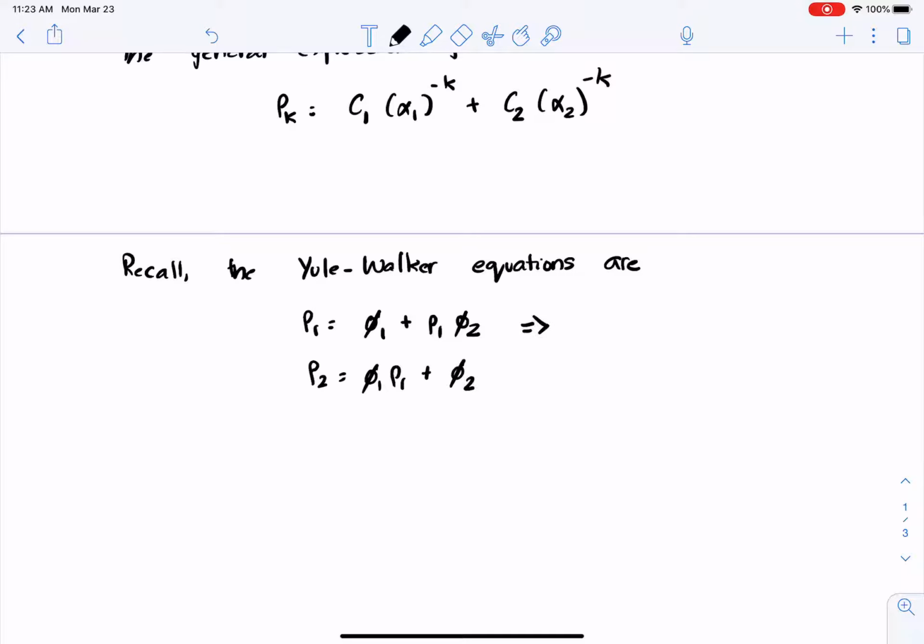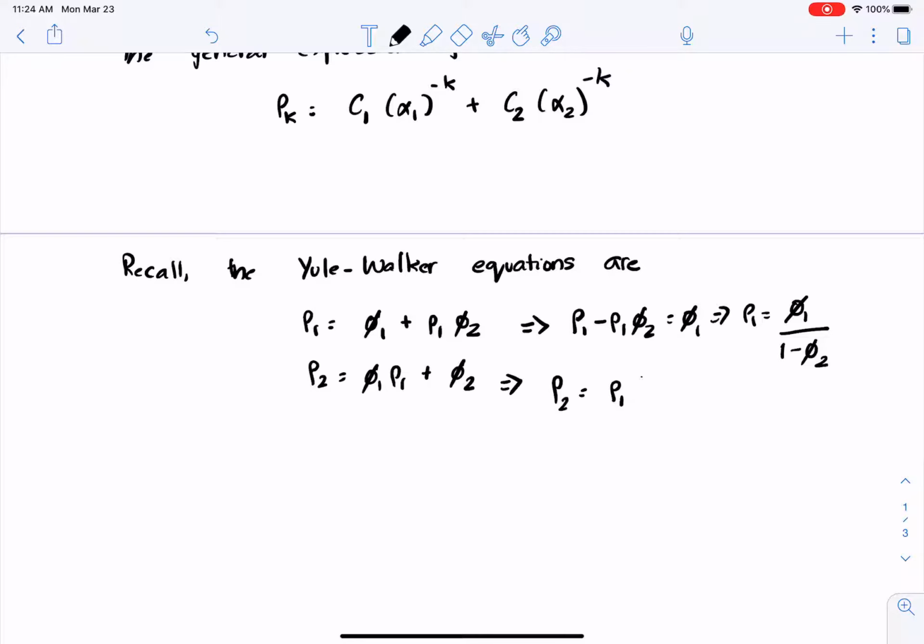So that would imply rho 1 minus rho 1 phi 2 equals phi 1, which would simply mean rho 1 is phi 1 over 1 minus phi 2. We can take that value and plug it in the second equation.